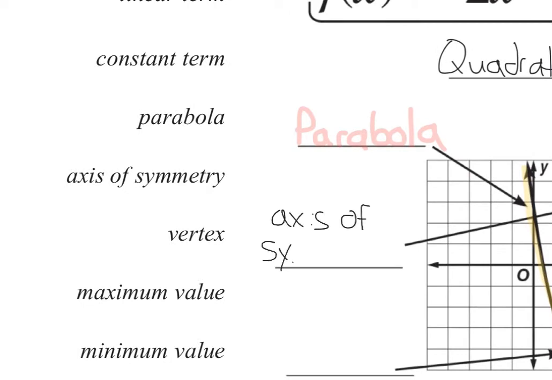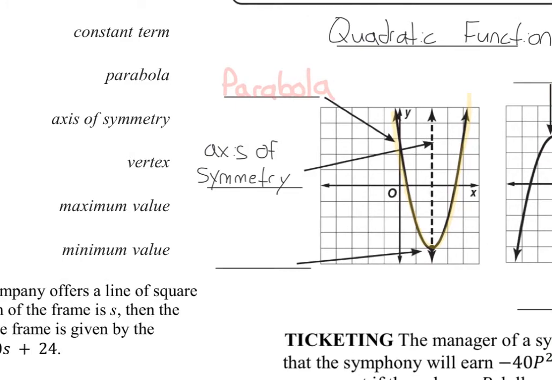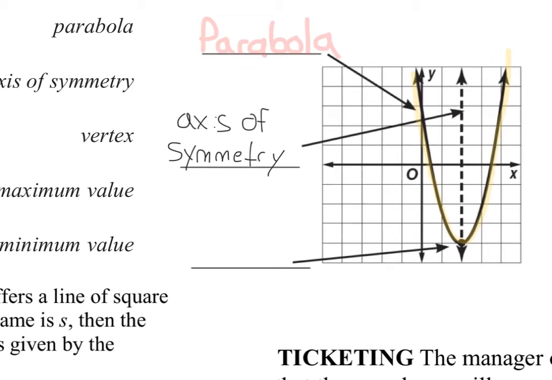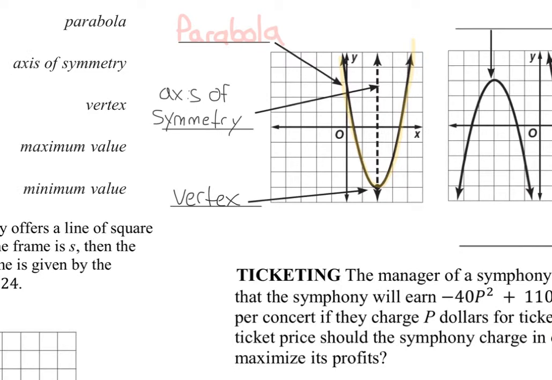And if you look at it, you can understand why it would have that title. It's dividing the parabola into 2 halves, and it travels down through this bottom point, which can sometimes be at the top too, called a vertex. So the axis of symmetry will always pass through the vertex.